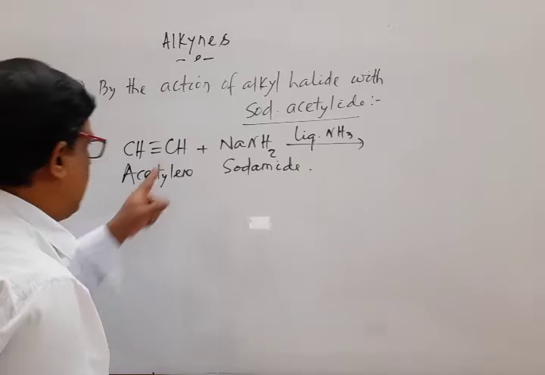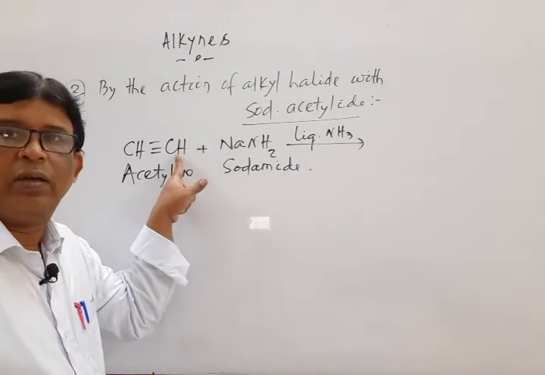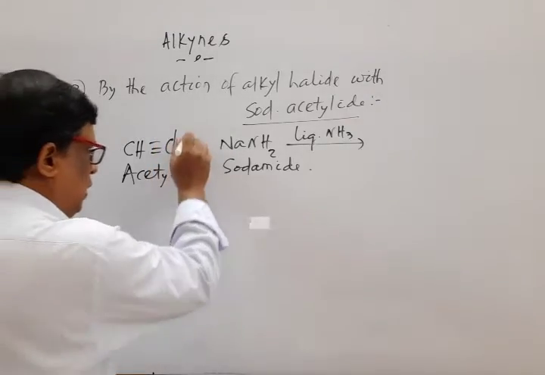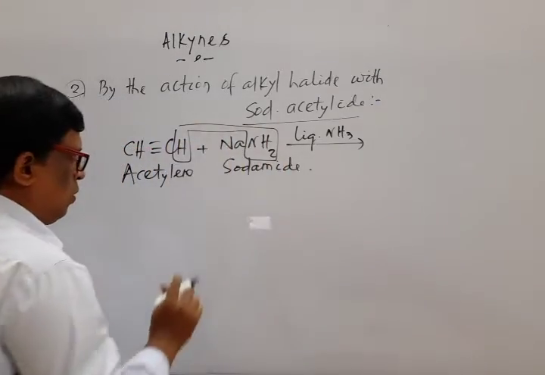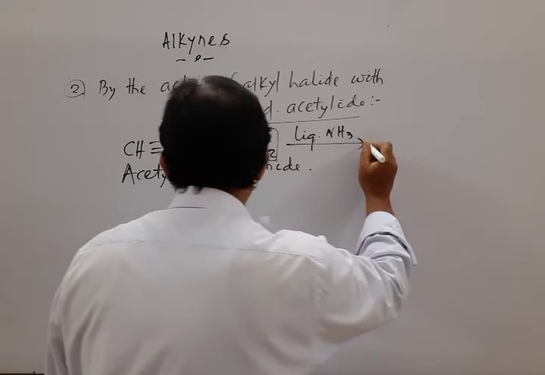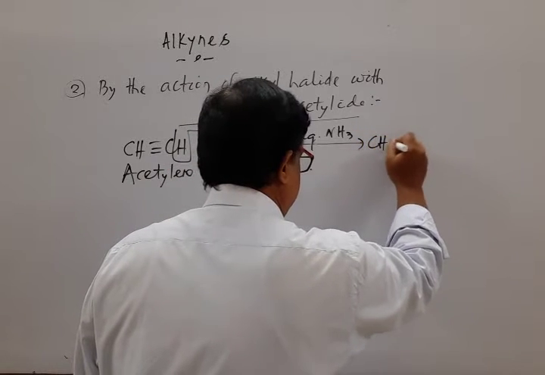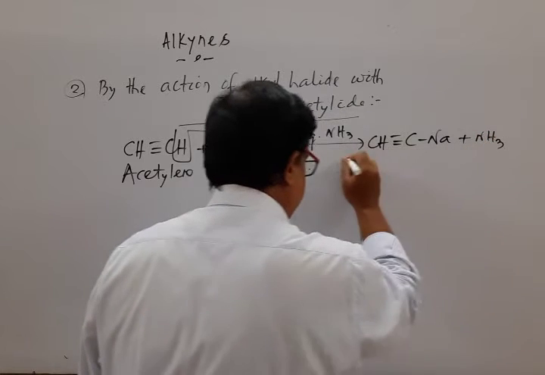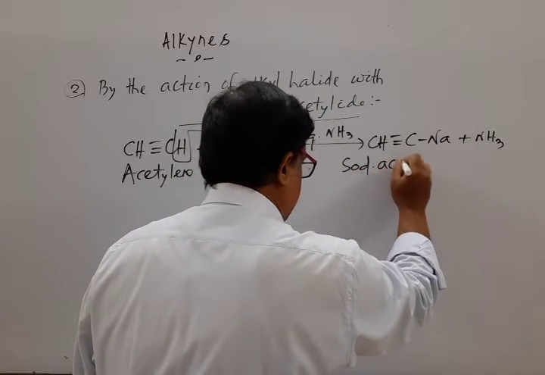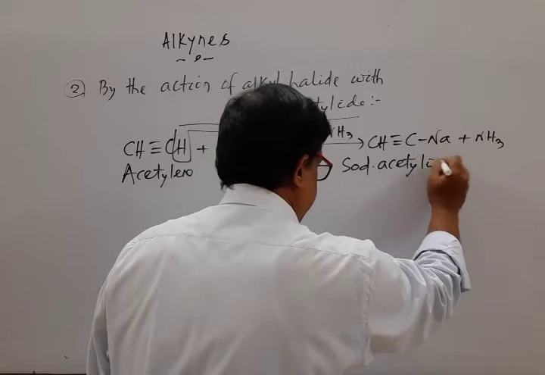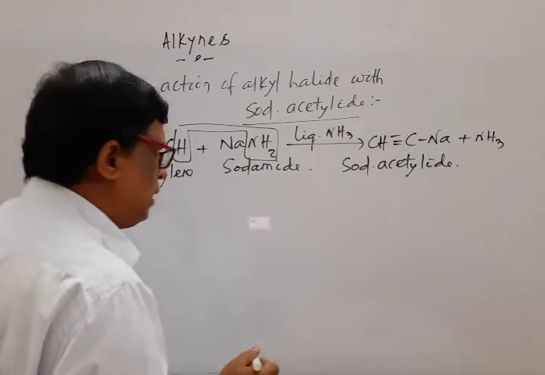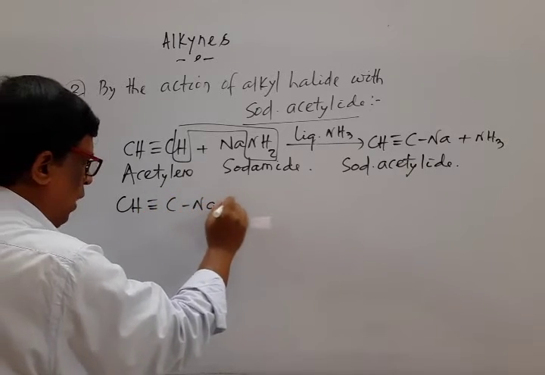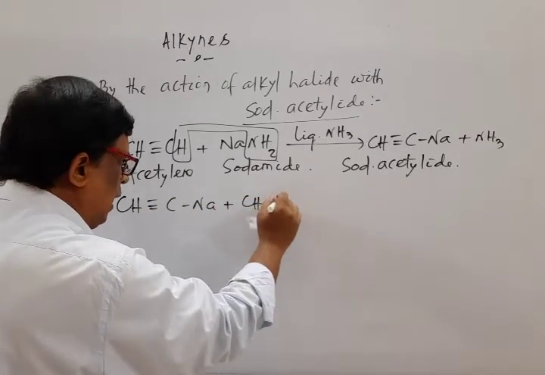What happened? As this one is a terminal hydrogen of alkyne, it is acidic in nature. So it combines with NH2 to form ammonia, resulting in the formation of sodium acetylide. Its name is sodium acetylide. This sodium acetylide, mark that, second step, combines with alkyl halide.